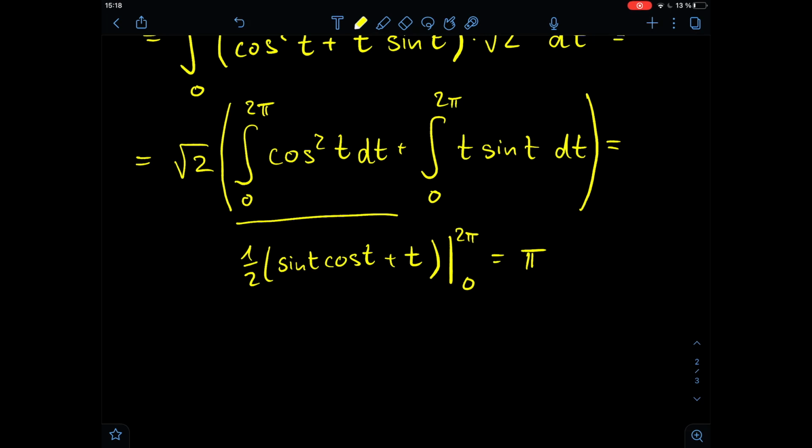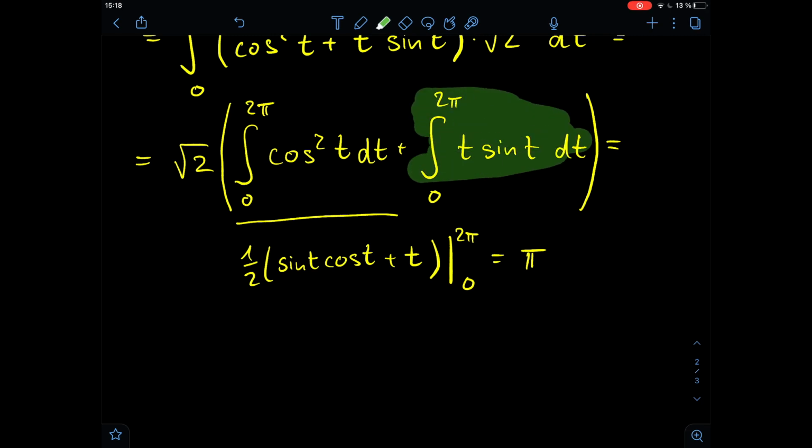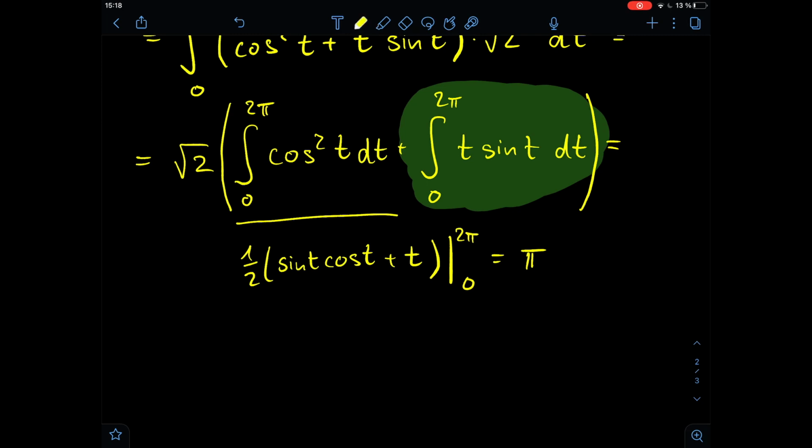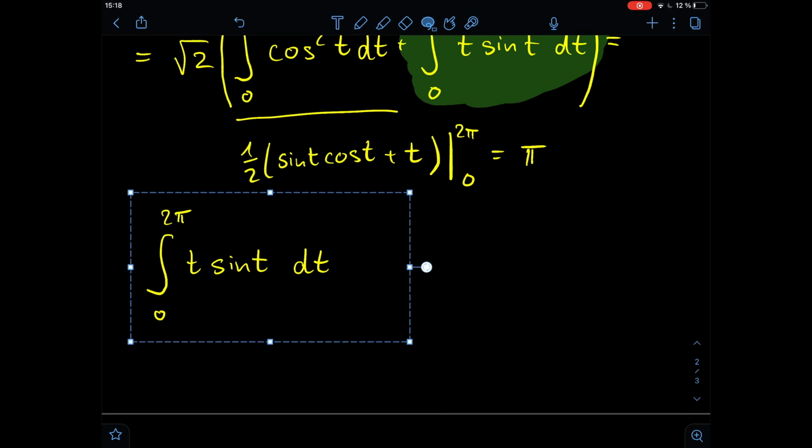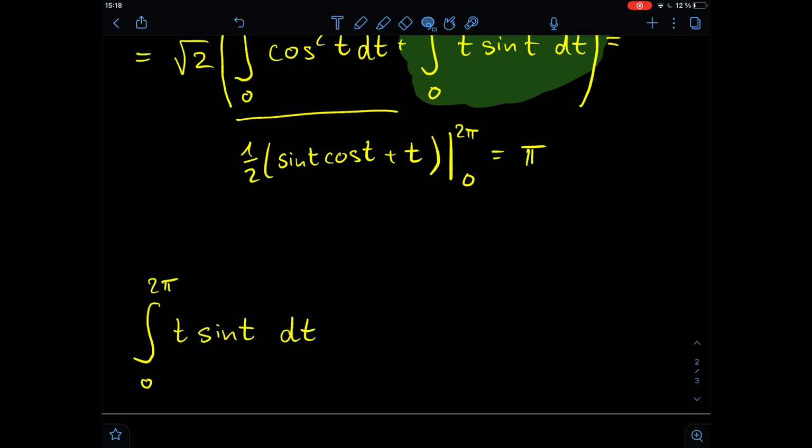And now we're left with this integral here. So how are we going to calculate this integral? We're just doing it by applying integration by parts. So let's say from 0 to 2 pi is the integral over t times sine t dt. And let's write down the formula that we know for integrating by parts.